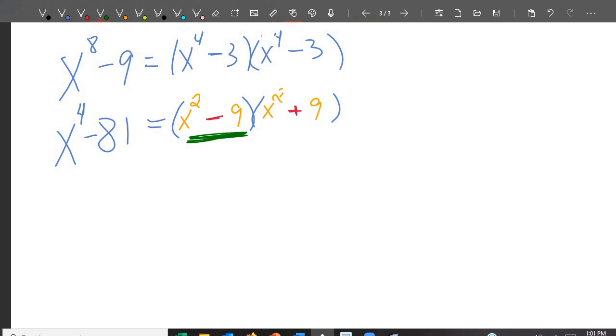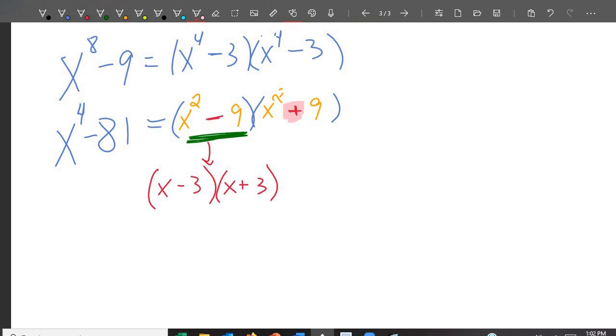So this one is definitely a difference of 2 squares. It's got the x squared, it's got a minus, and I can take the square root of 9, which is 3 times 3. So we can break this one apart one more time. X minus 3, x plus 3. Now, the reason I can't break the other one apart is because of that plus sign in the middle.